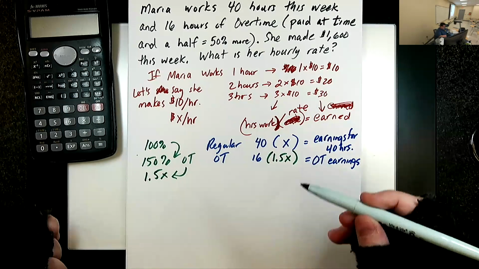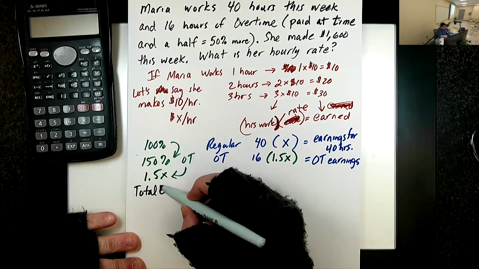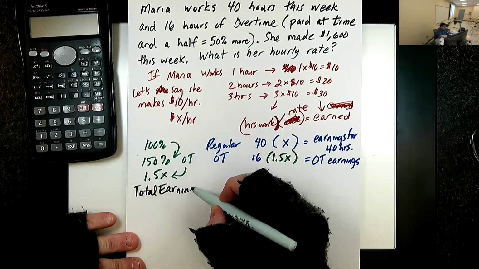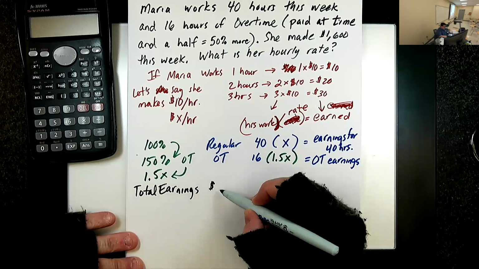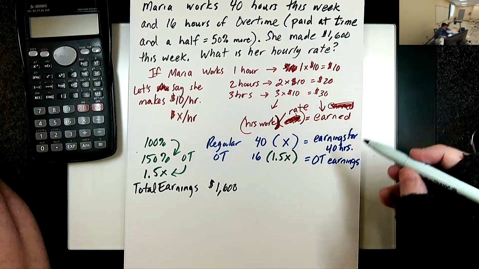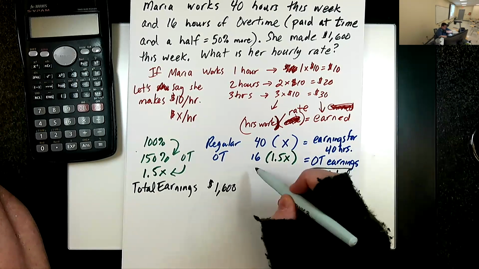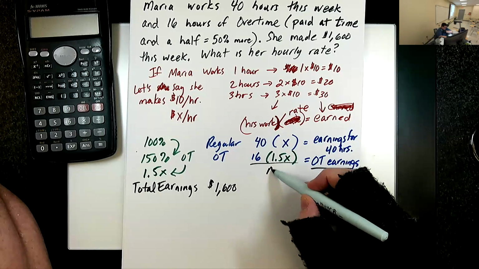I know her total earnings was $1,600. If I did the total here, that's adding up these two, right? So I should be able to add these.